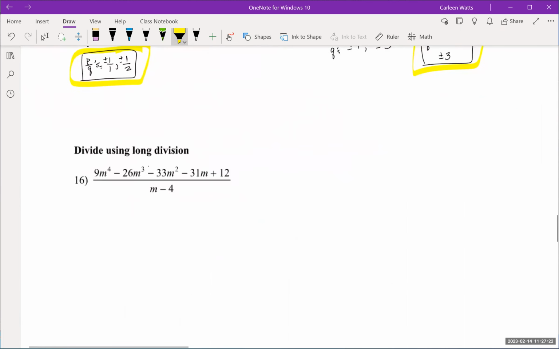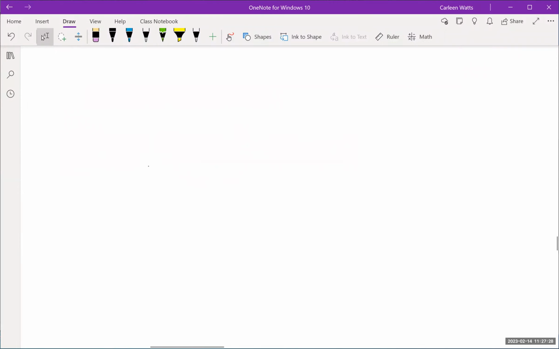Solve using long division. Okay, sorry I keep doing these extra ones. So what if we wanted to do this?